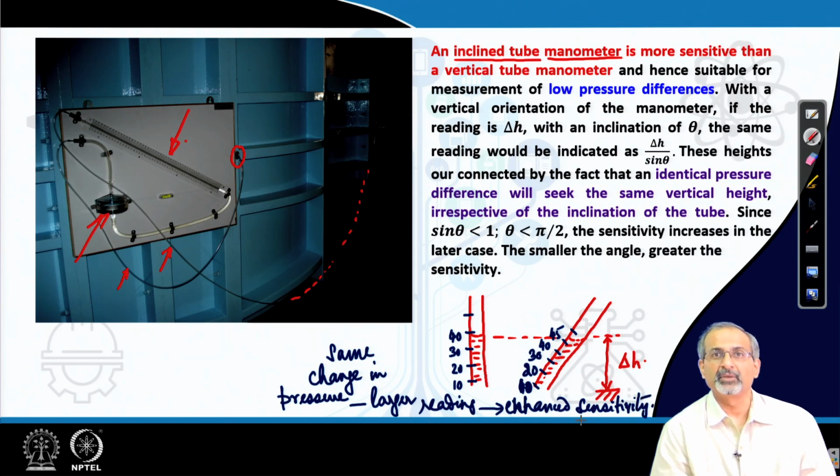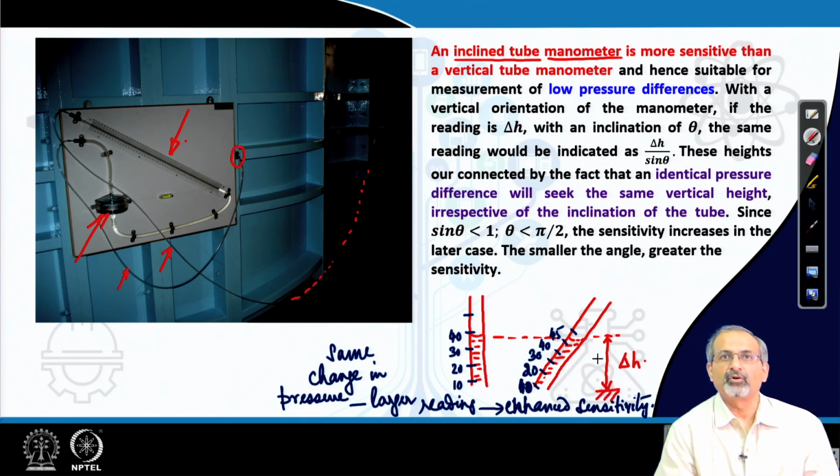That means the manometer in its inclined position shows you a larger reading for the same pressure that you are getting from a vertical orientation. That means every marking on the scale now indicates a smaller pressure that it can read.